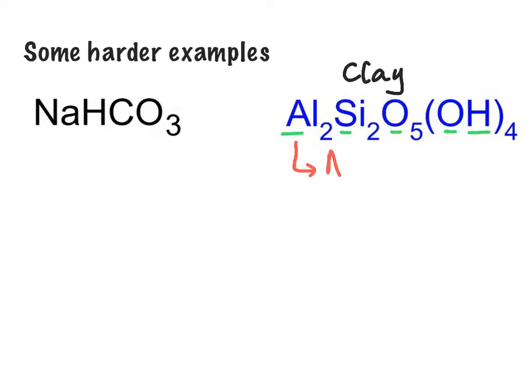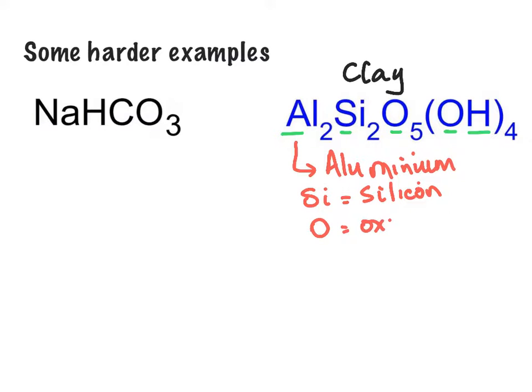Al stands for aluminium. Si equals silicon. It's an element. O still stands for oxygen, and H still stands for hydrogen.